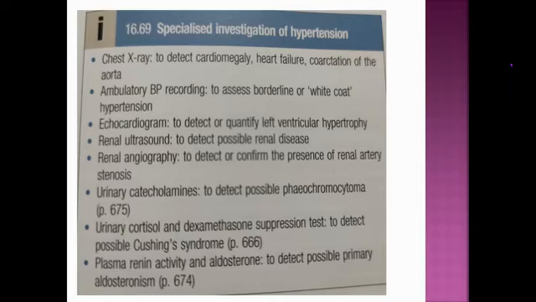Ambulatory BP recording. Ambulatory BP recording means the patient will record blood pressure at home, other than the doctor's chamber or hospital setting. Because some patients become very anxious in the doctor's chamber, and there is sometimes a transient elevation of the blood pressure.